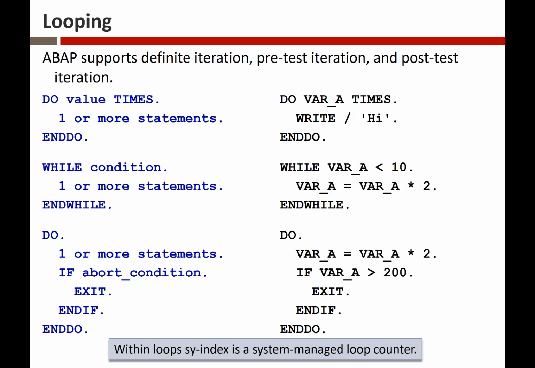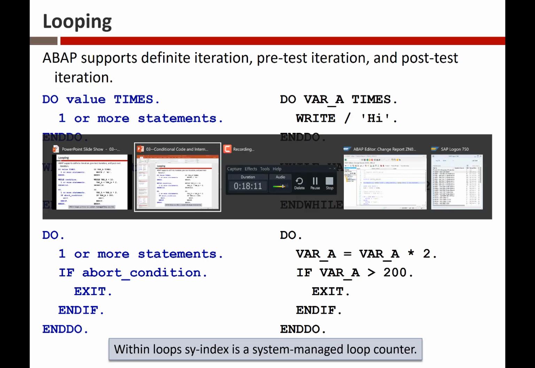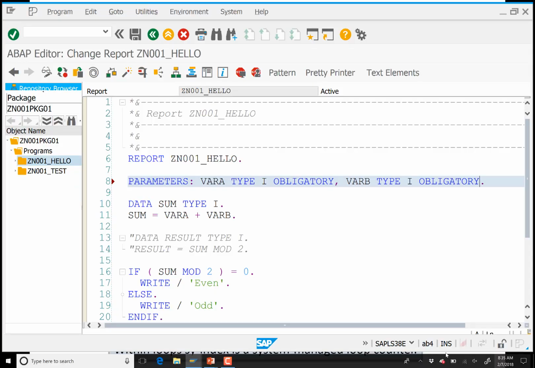But every time I have a loop in ABAP, I get for free a loop counter that I do not have to create, nor do I have to manage. And it's a system data object called SY-INDEX. So let's just look at that for a second, and also show some other examples of these loops that we have just done here.